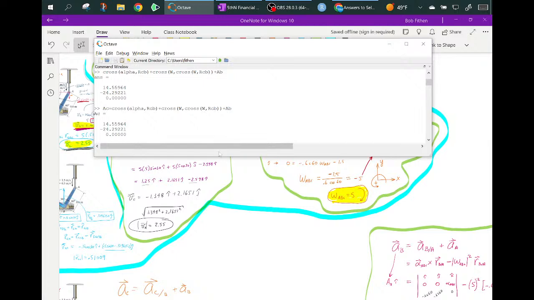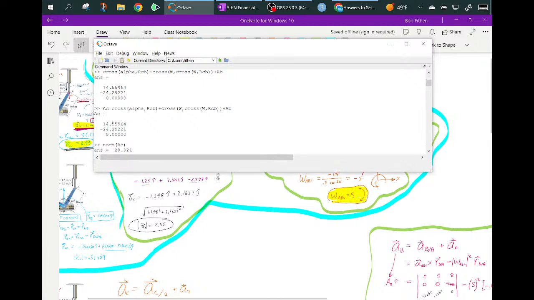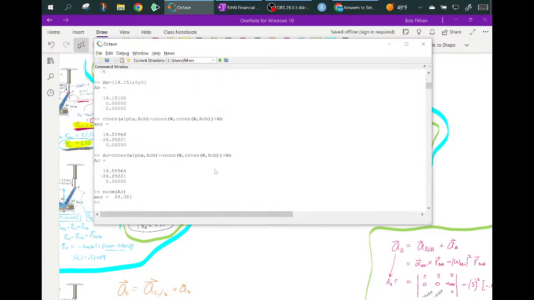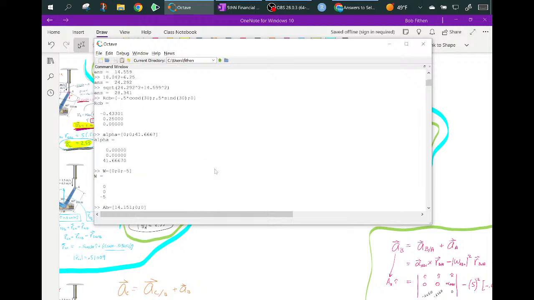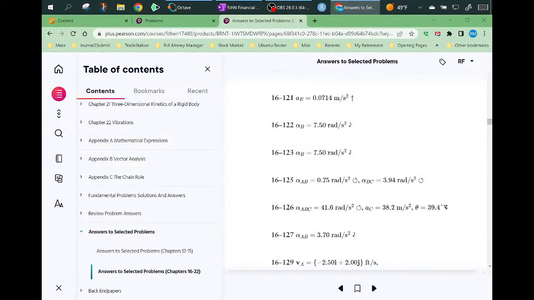AB. So I'm going to conclude that I think that my system is correct. We have several things that could go wrong. First of all, 41.667, that's what he had in his solution, 41.667, going in the correct direction.